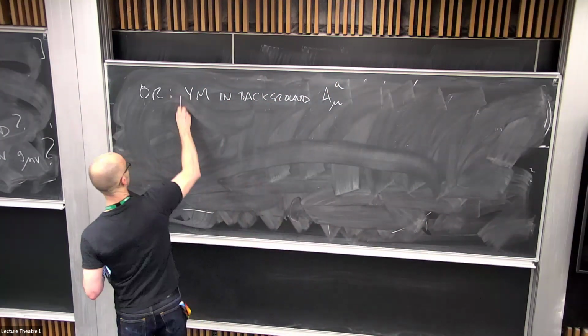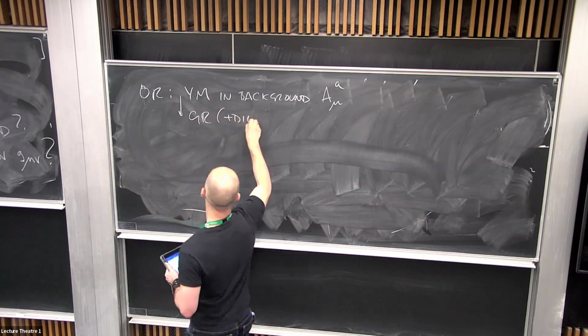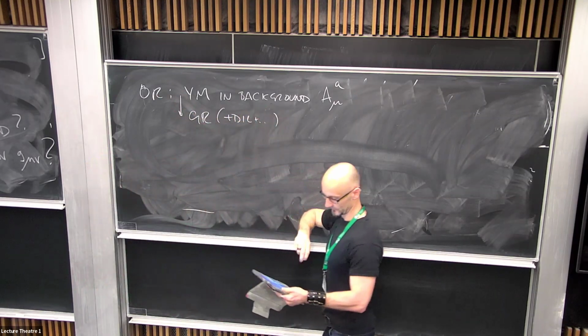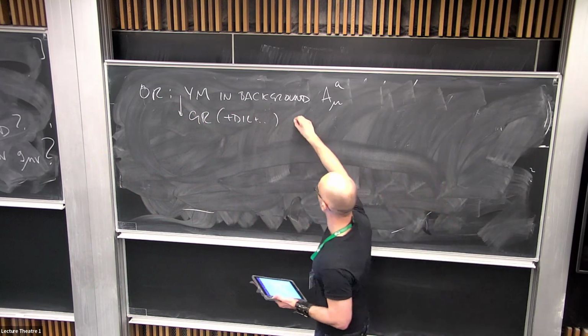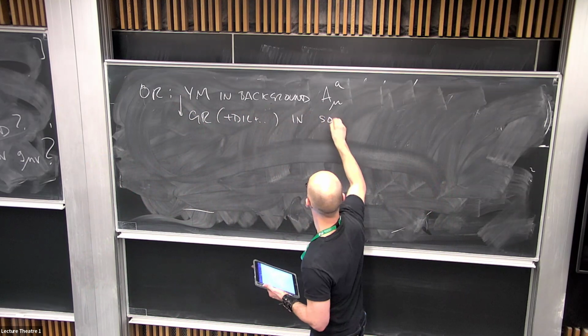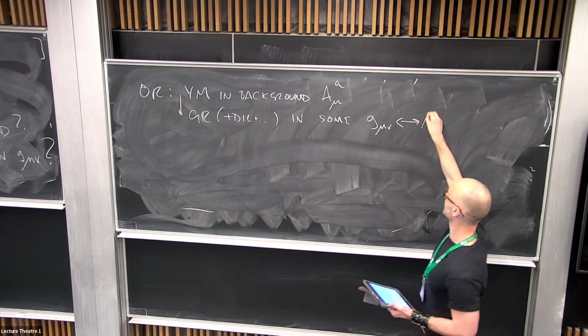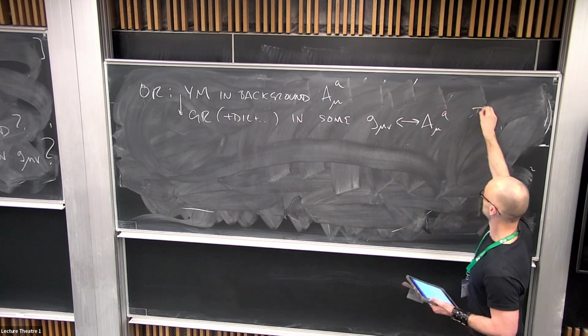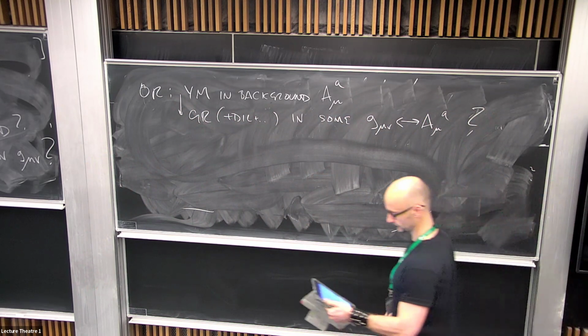And then maybe plus dilaton plus axion, so maybe that double copies to gravity in some background metric, which is somehow related to the background color that you started with. Okay.